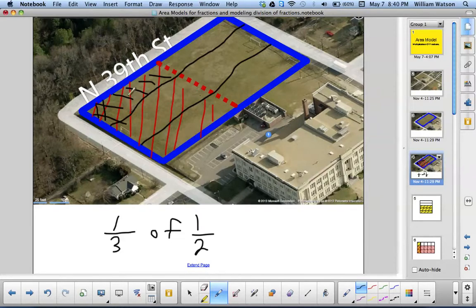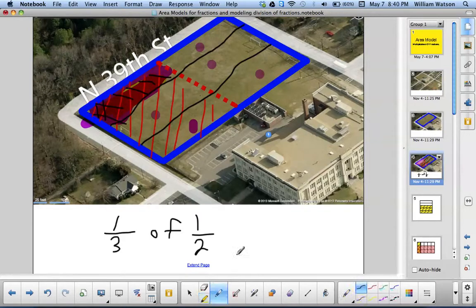And then we'll talk about what is a third of the half of the field that they're going to be on. Well, it's this one piece here out of 6 equal pieces. Here is the one piece that they're on, and it's one piece out of 1, 2, 3, 4, 5, 6 pieces.